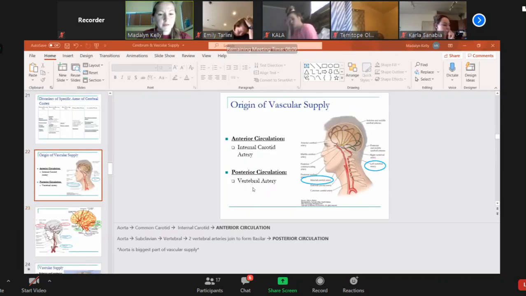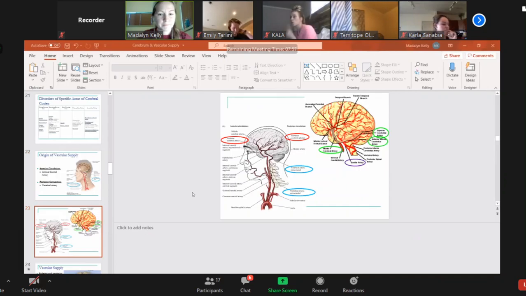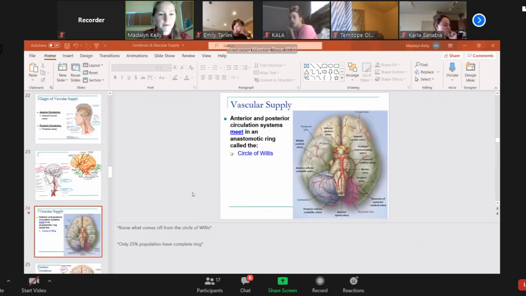Remember here, this says vertebral artery, but remember that the vertebral arteries then form the basilar. Okay. Know what comes off the circle of Willis, but we should already know that because we had Coe's test.